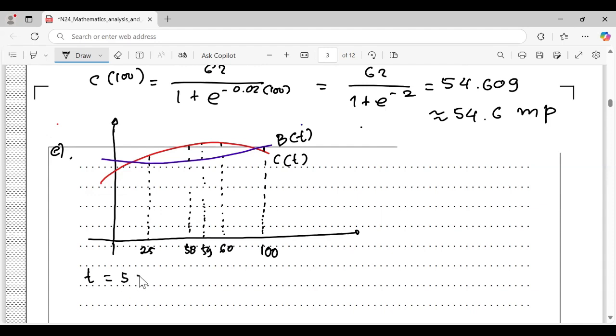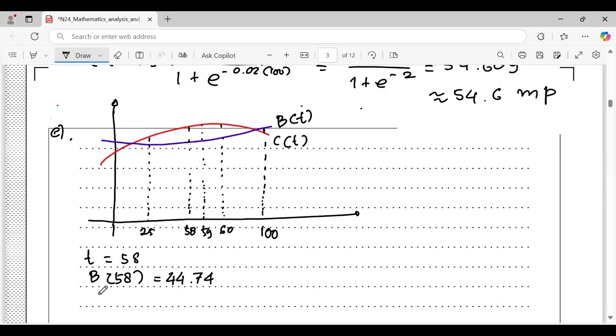If t equals 58, B(58) is 44.74, and C(58) is equal to 47.2.